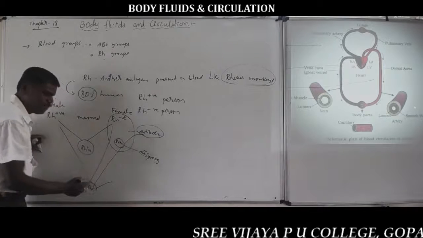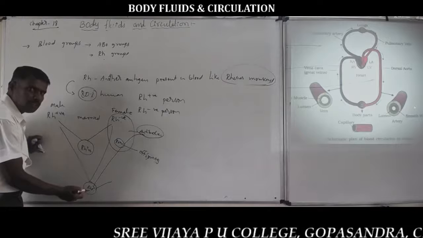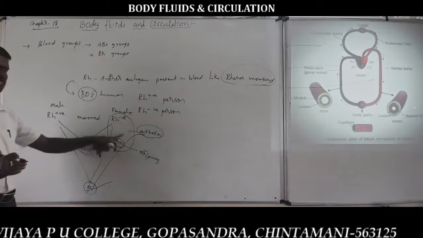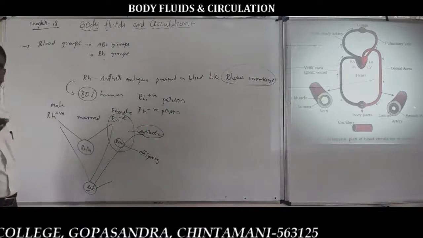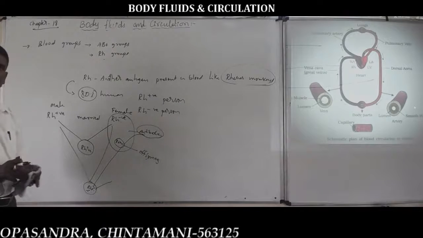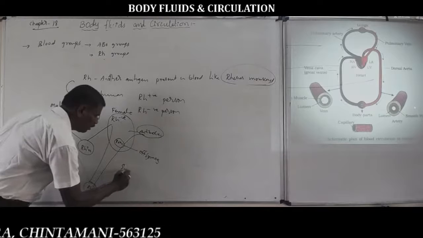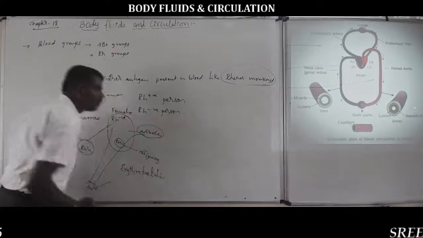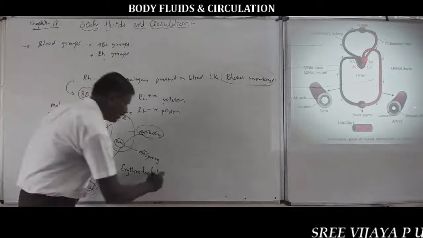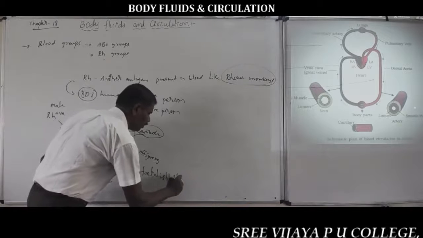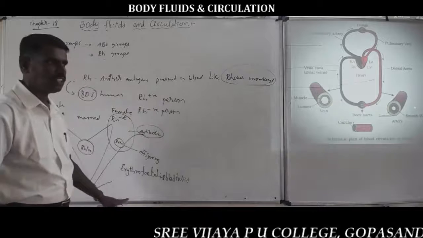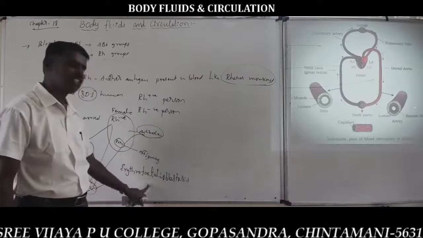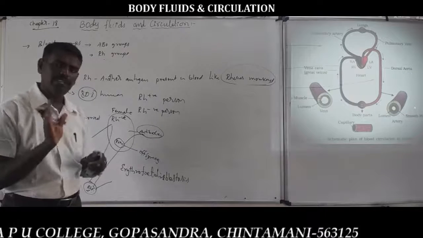These antibodies mix with the Rh positive baby, and there is coagulation; these antibodies kill the erythrocytes of the baby, causing a disease called erythroblastosis fetalis, in which erythrocytes are damaged.